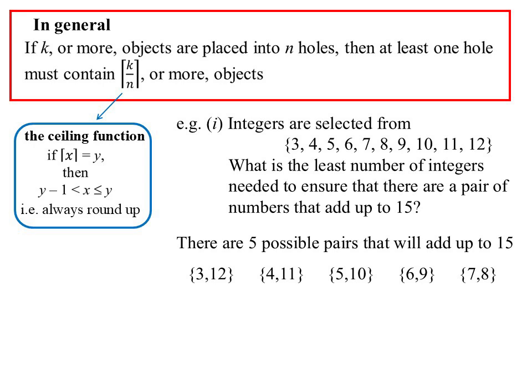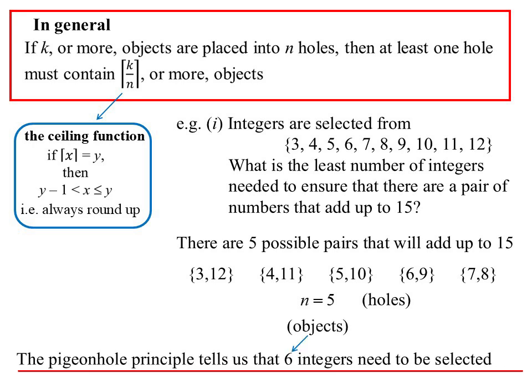And so, hang on, they're my holes. That's where I'm going to put the object. So imagine you've got those holes, and I'm going to pick a number out of the set and put it in the appropriate spot. So I pull out 7, I'll put it in this last pigeonhole over here. I'll pull out 10, I'll put it in the third one, and so on. I must have 6 numbers in order to ensure I get 2.